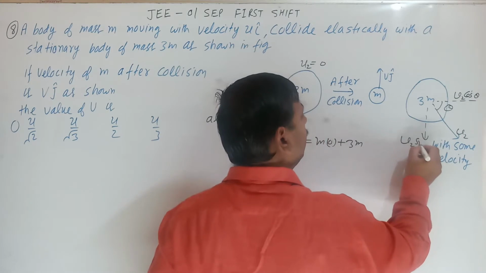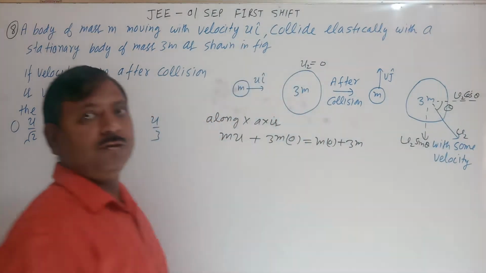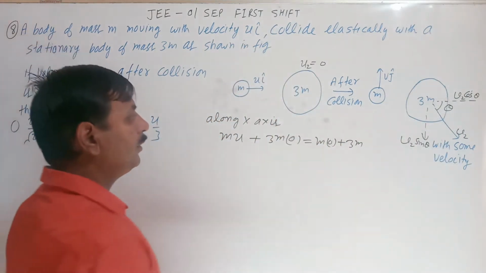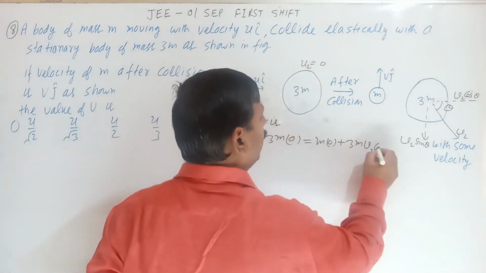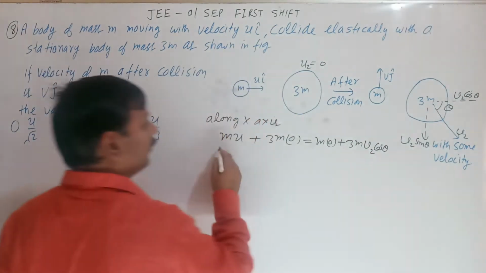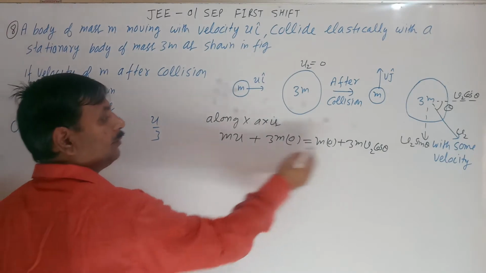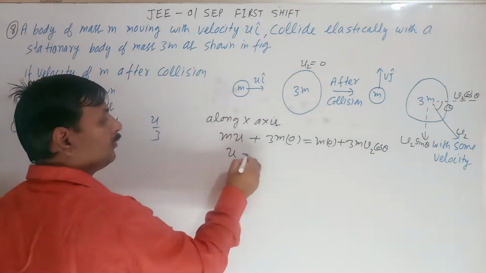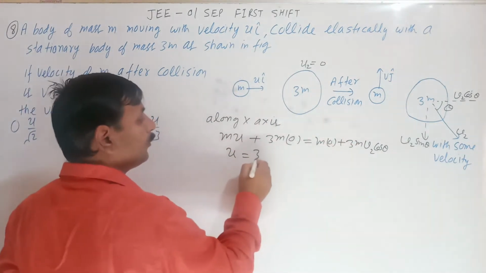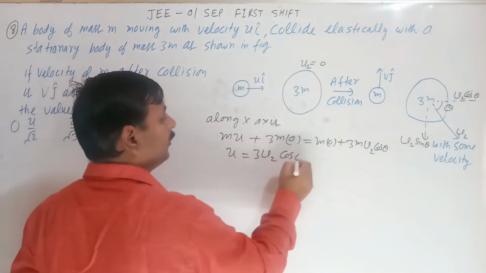Here the vertical component will be v2 sin theta. So m cancels, and u is equal to 3v2 cos theta.